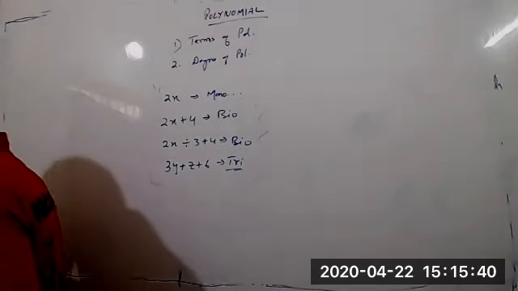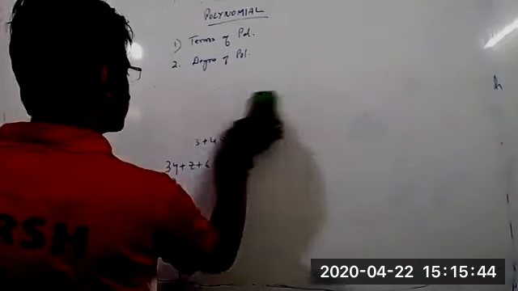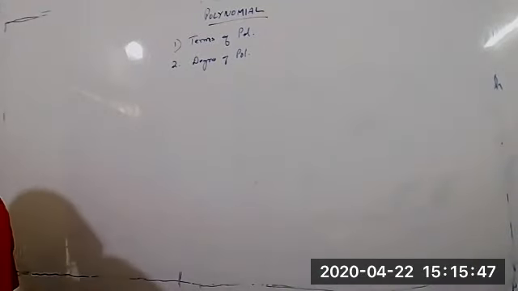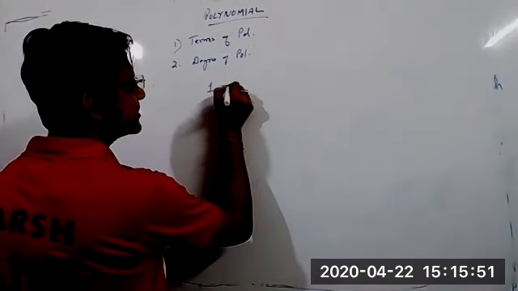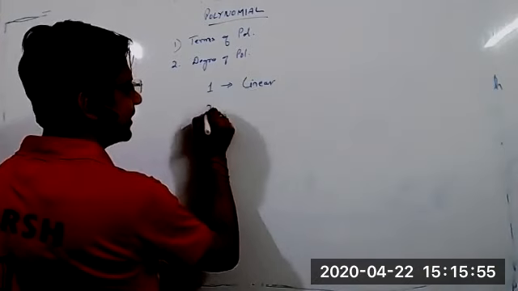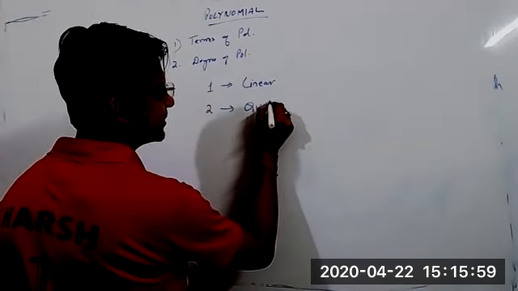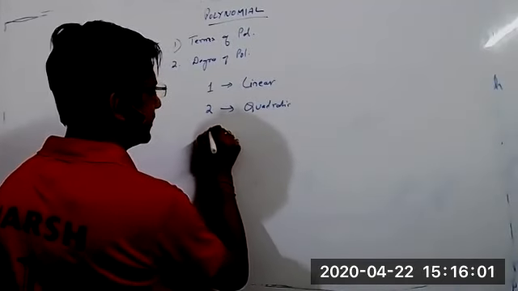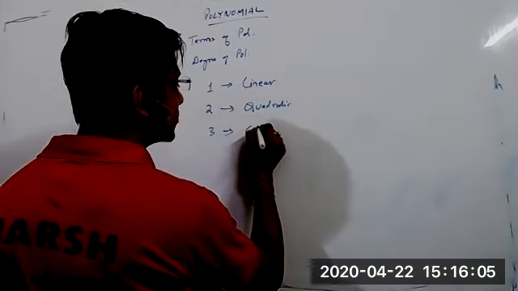Now in terms of degree, understand it. New terms will come for you. In terms of degree, if degree of polynomial is 1, we say linear. If degree is 2, we say quadratic. When degree is 3, we say cubic.